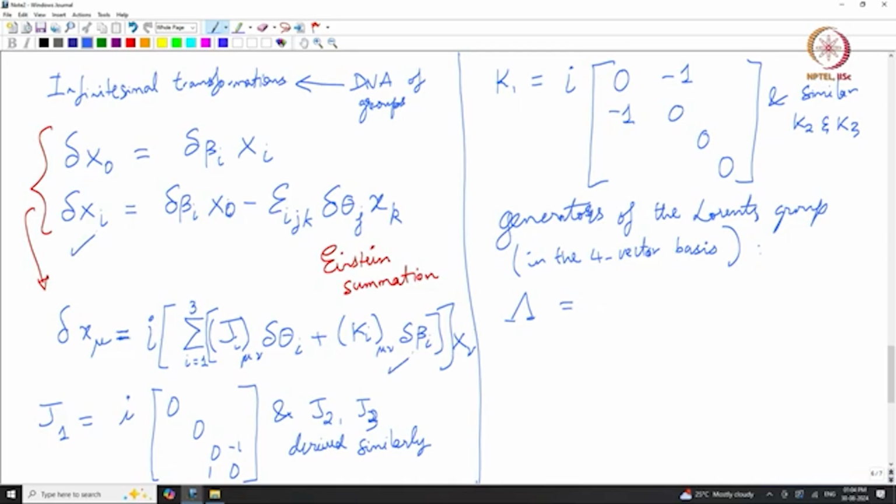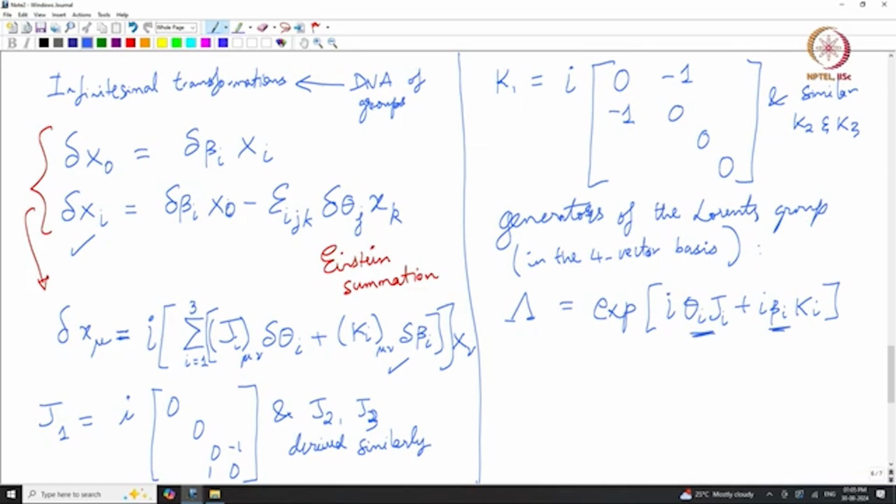So I can just write a generic 4 by 4 Lorentz transformation matrix as an exponentiated form of these matrices where the 3 rotations and the 3 boosts figure.